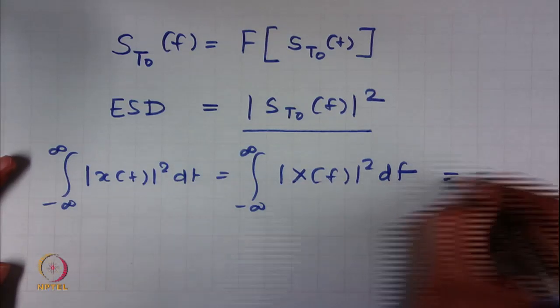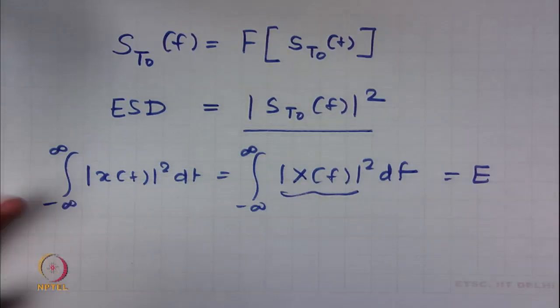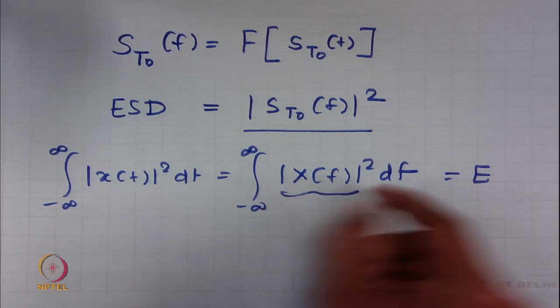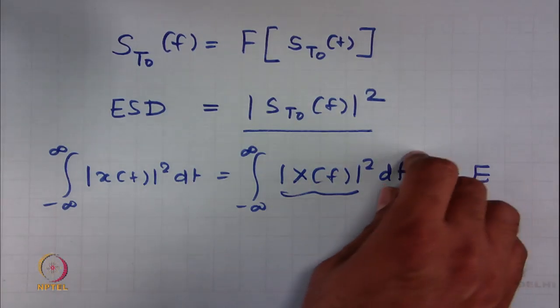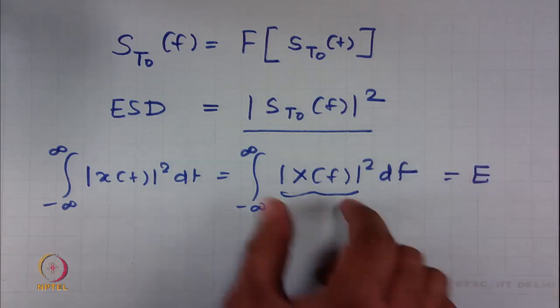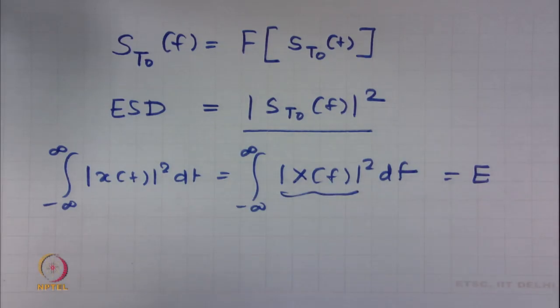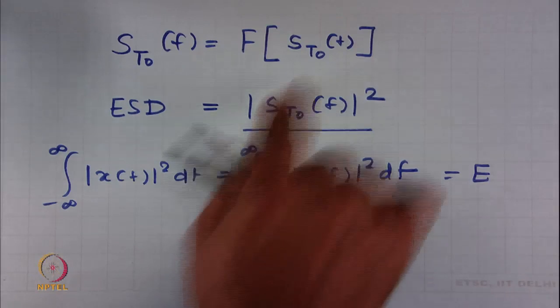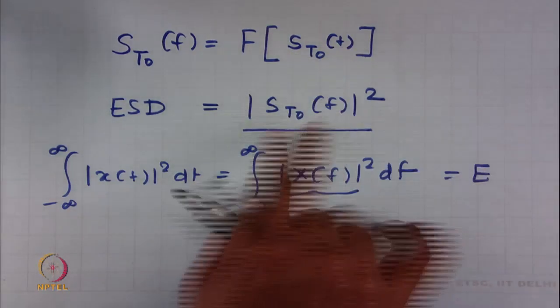If this is the energy, this quantity will be the energy spectral density, because you need to integrate the energy spectral density over a band of frequencies, and then you get the energy. So, this quantity is thus the energy spectral density of S T naught of t.